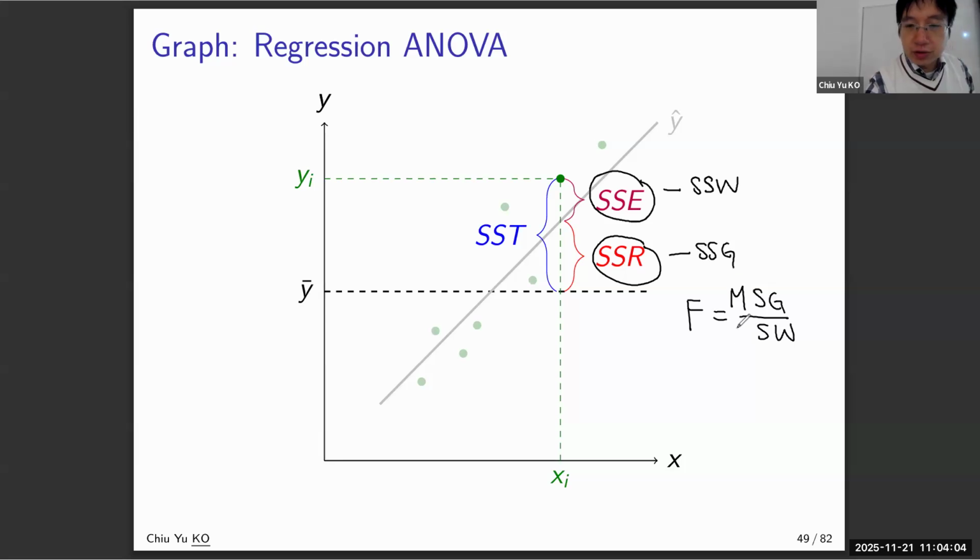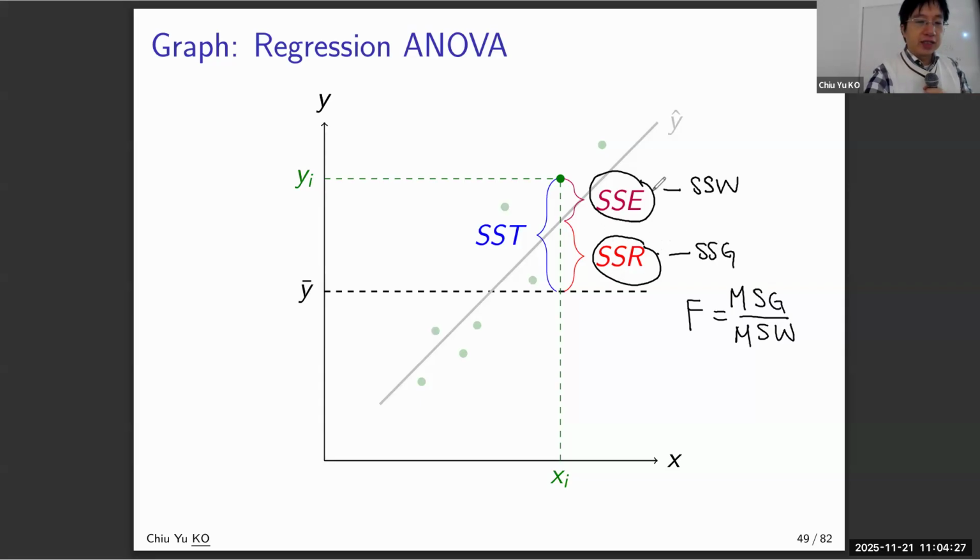If you remember what we do in the previous chapter, you compare the variance calculated based on between group and within group, right? If there's a lot of difference between group and within group, right? We'll reject, right? Same idea here. We'll do the same idea if you calculate the variance based on this, okay?